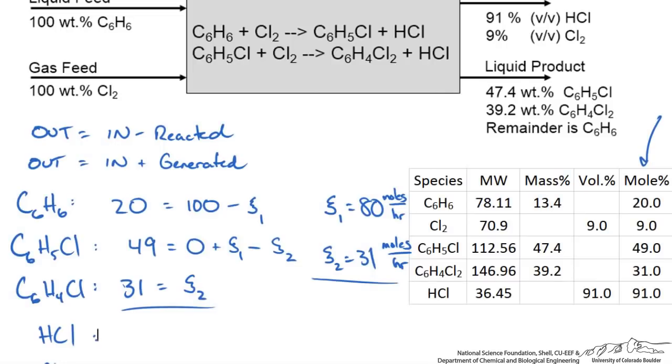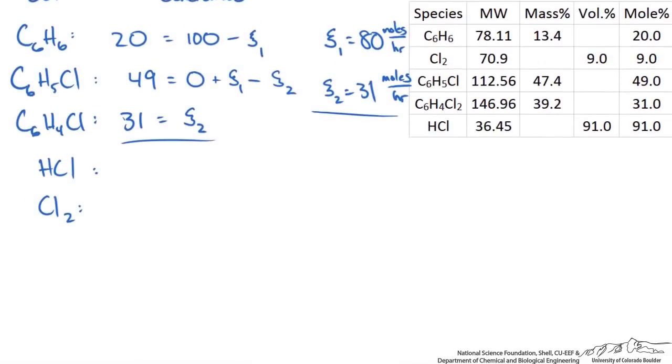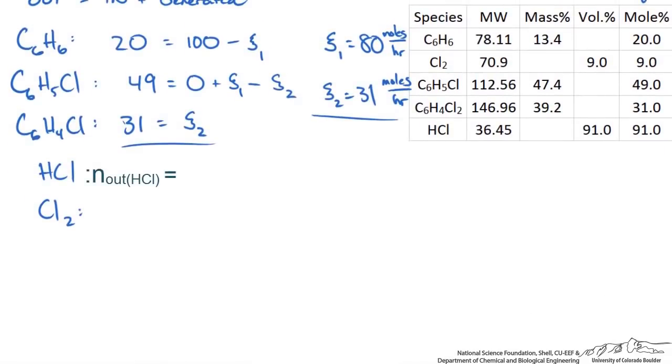We also produce it in reaction 2, and we don't consume anything, nothing was added. So for HCl, it's just going to be the moles out, and that's equal to the extent of reaction 1 plus the extent of reaction 2. So based on our extent of reactions, this should be 111 moles per hour. So we have 111 moles of hydrochloric acid coming out in the gas stream.